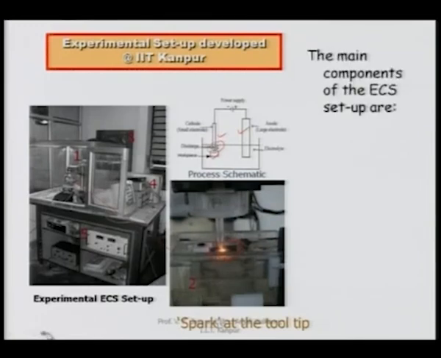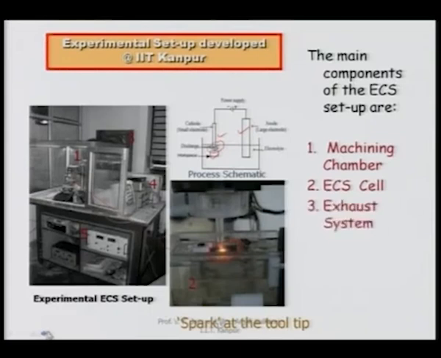The main components of the electrochemical spark setup are the machining chamber, as you can see over here in the top left hand side picture, the ECS cell, and the exhaust system.